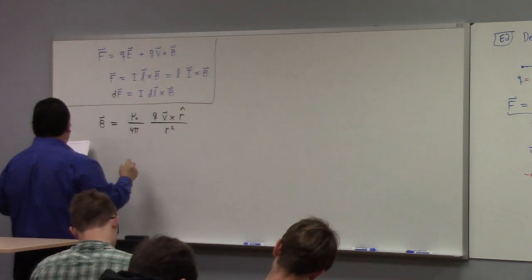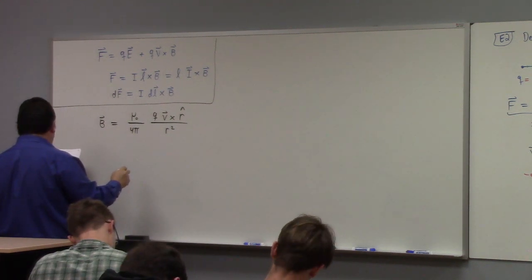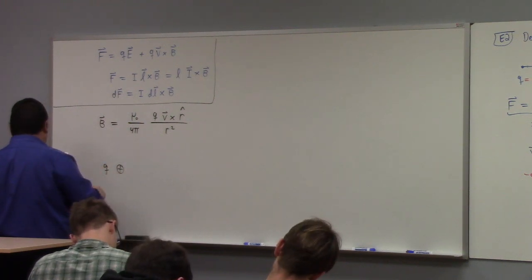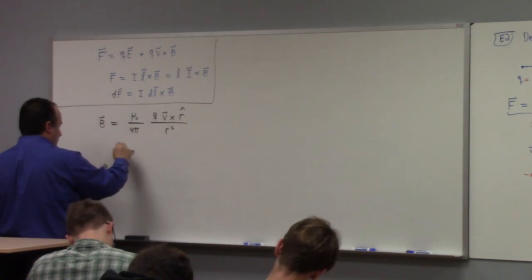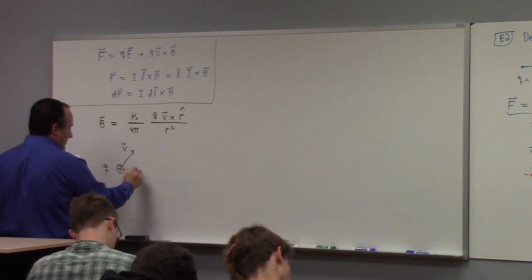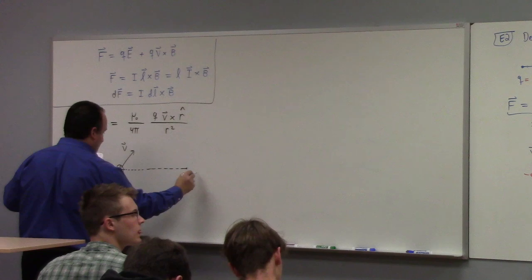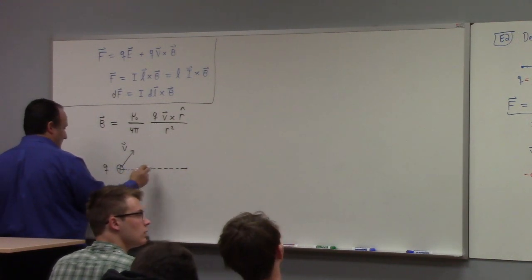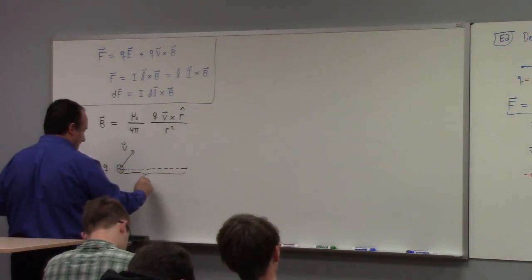I'll try to draw a picture here. So we've got a positive charge q, and its velocity would be like this, and I'm talking about the magnetic field over here at this point, all right? And so this distance from the charge to that point is r.